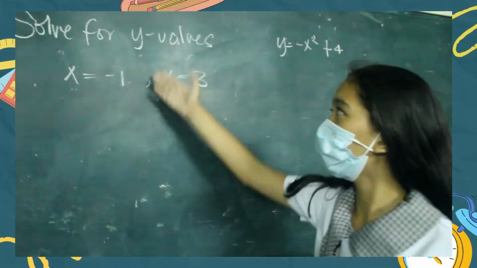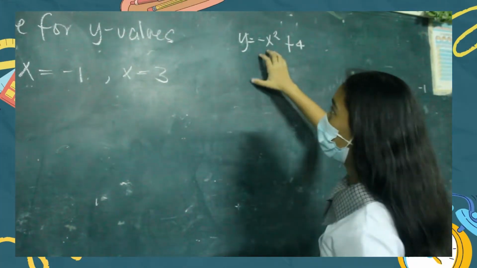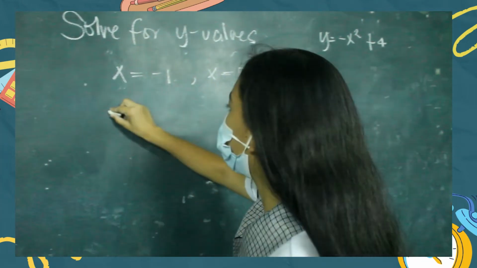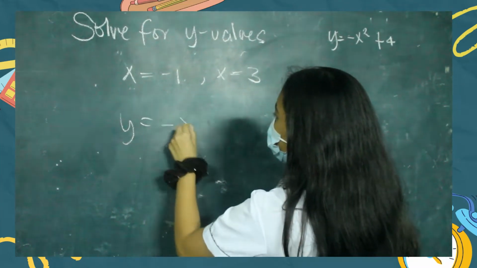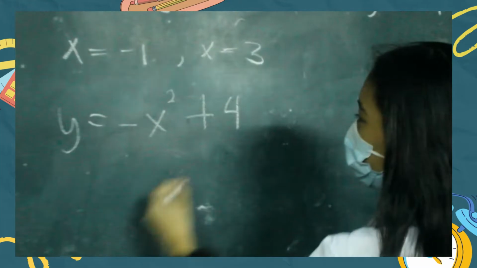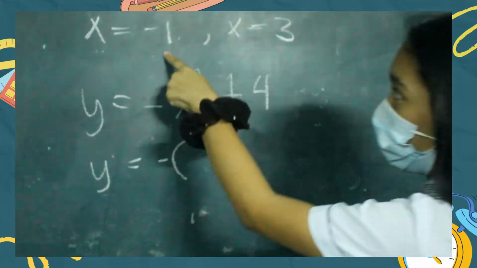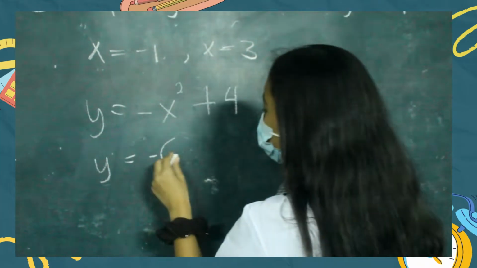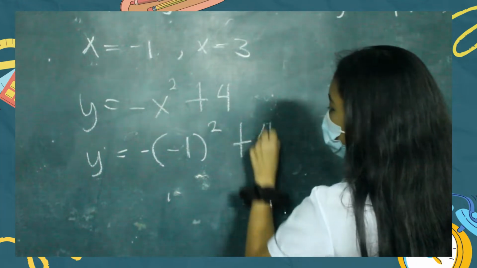To solve for the values of y, we will substitute the two x values into the equation y is equal to negative x squared plus 4. So if the value of our x is negative 1, y is equal to negative, we will copy the value of negative 1 into the x, squared, plus 4.